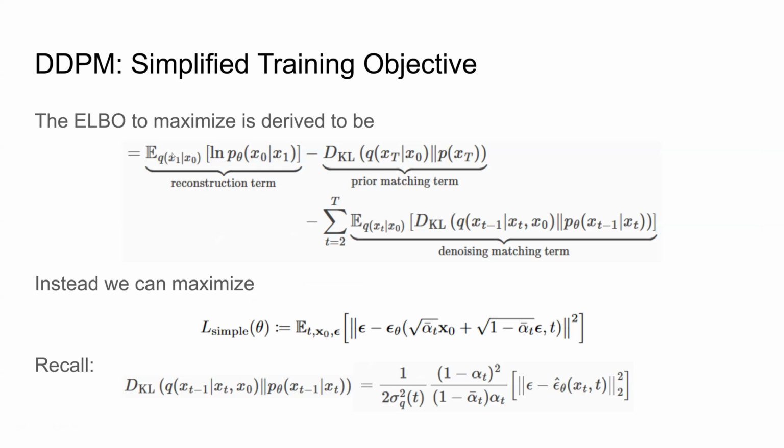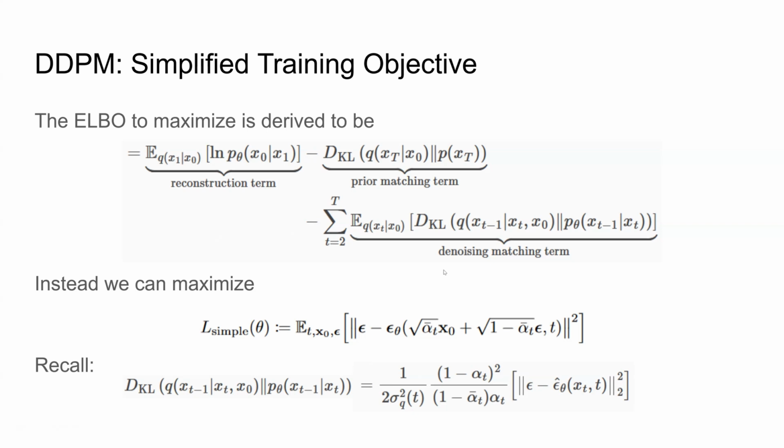And remember the ELBO, we just discussed that we had a particular expression for this that's very similar actually with what we've derived for the denoising matching term. This term has no variables, and this term is measuring some constant times the Euclidean distance between the noise and the noise that your model predicts.